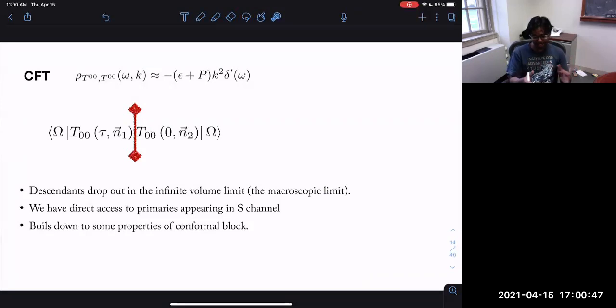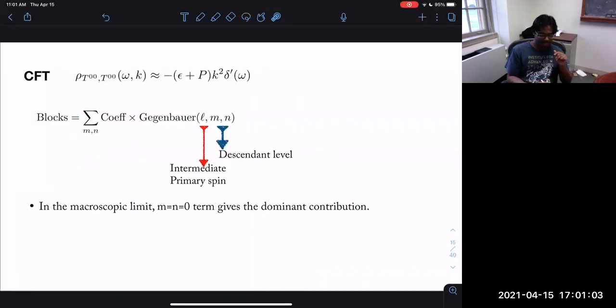Next, I'm going to show you how in the scalar blocks these descendants drop out in the infinite volume limit. Just to recall, how do these blocks look? Roughly speaking, the blocks look like the following. You have a sum over m and n, which are the levels of descendants. Then you have some coefficients, which are a function of the kinematical variables z, z bar, the cross ratios, and the OPE coefficients.